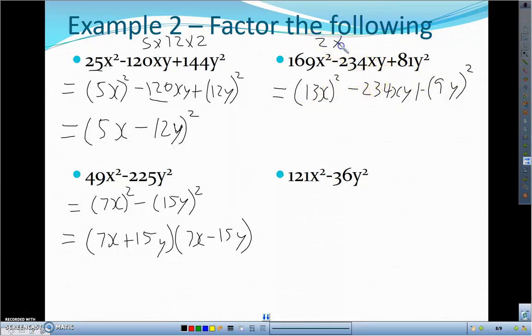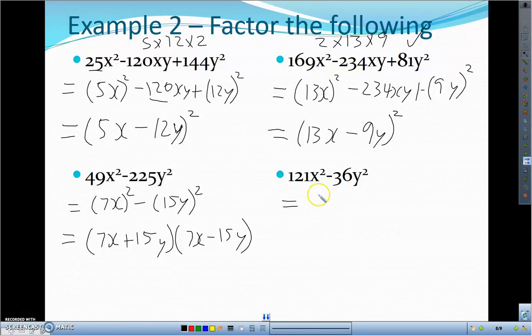We can go 2 times 13 times 9. 9 times 13 is going to be 90 plus 27, which is 117. 117 times 2 is 234. So yes, this is a perfect square. We got this minus, so this is going to be equal to 13x minus 9y bracket squared.